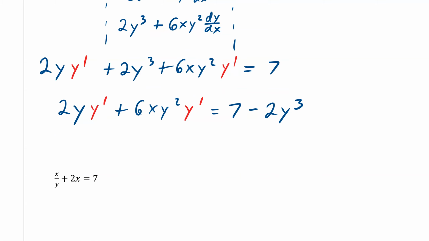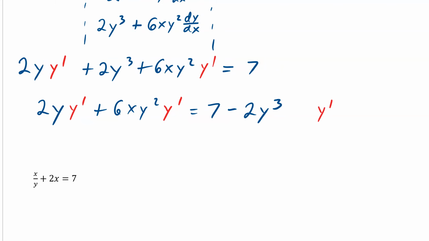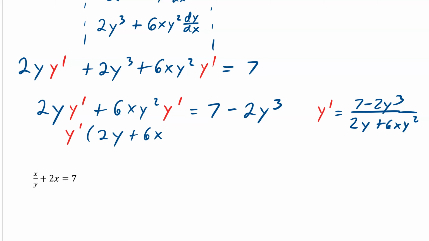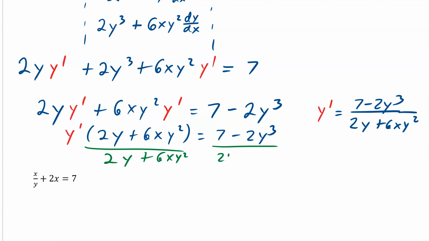If you've done these enough now, you can probably already see that this is just y prime equals 7 minus 2y cubed over, and then whatever was on the y prime side without the y primes, so whatever's in blue, is just going to become our denominator. So just like that. But we're going to still factor out that y prime, just so that we have it. Equals 7 minus 2y cubed. And then a quick divide. And there you have it.